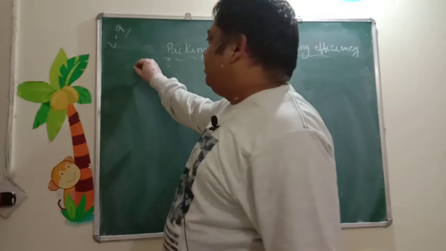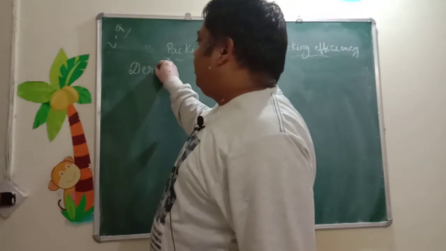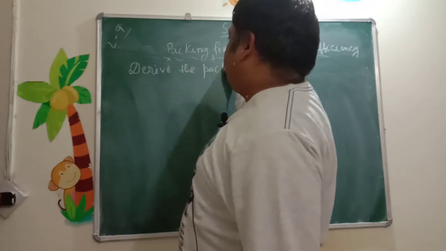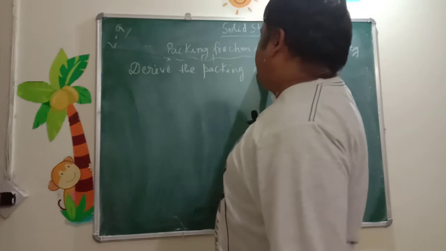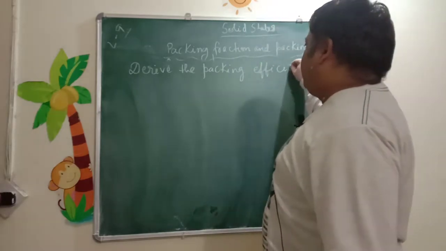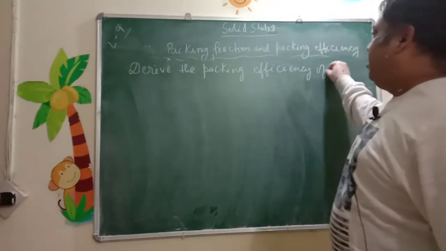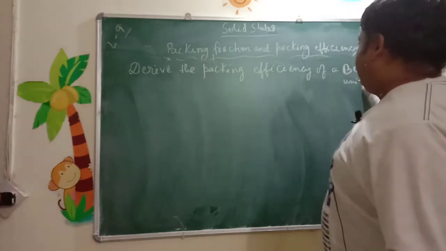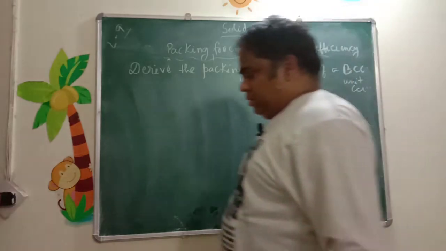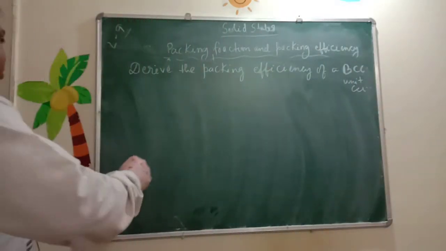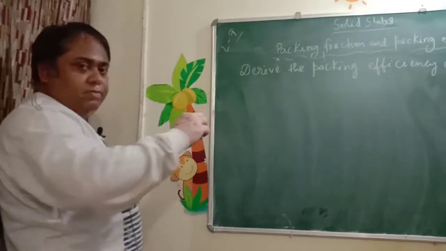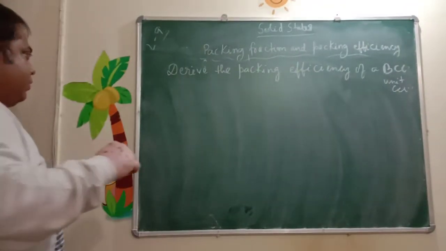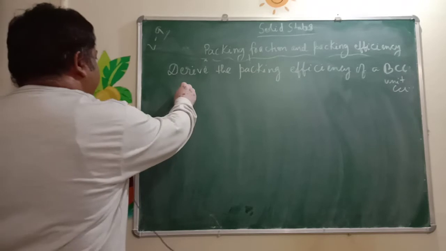Say if the question comes, derive the packing efficiency of a BCC unit cell, then here what we will do, instead of face center we will take body center.